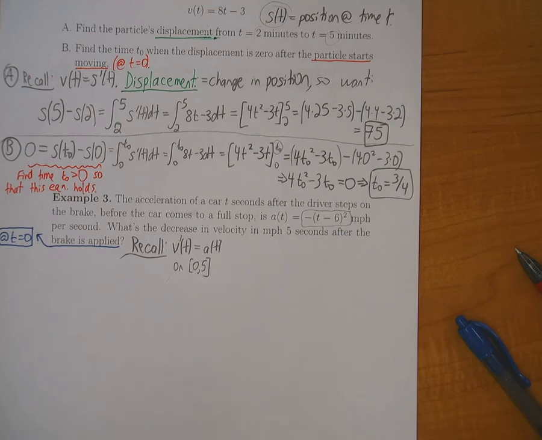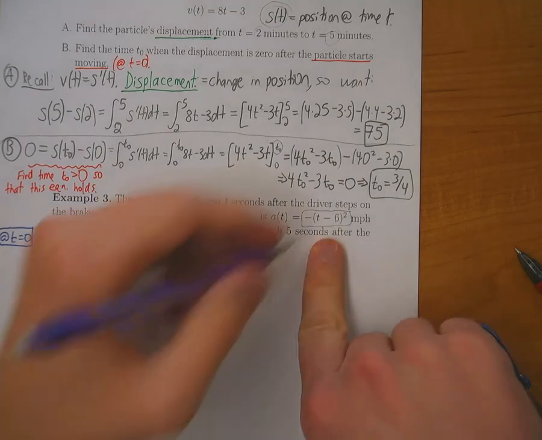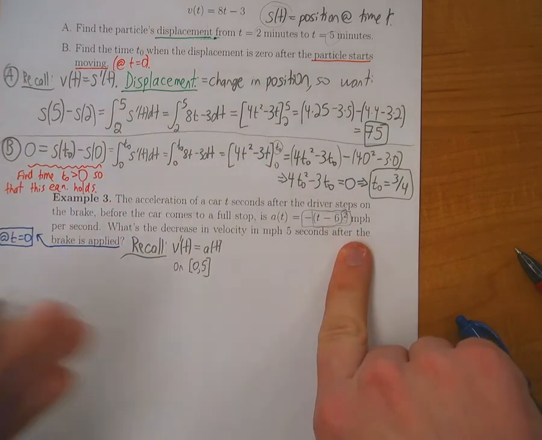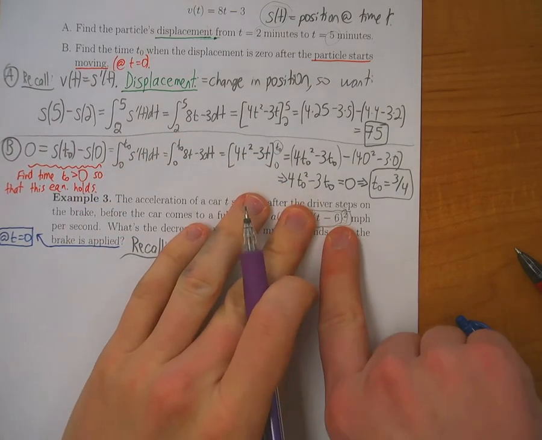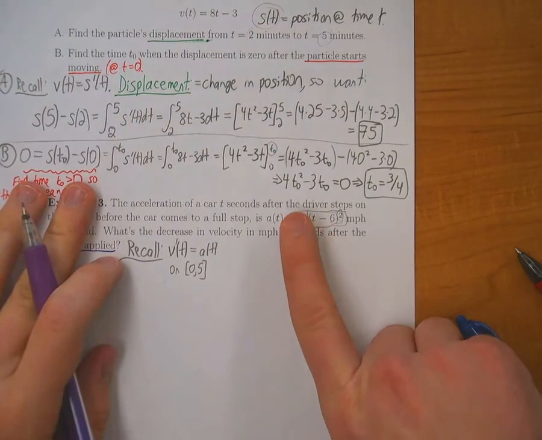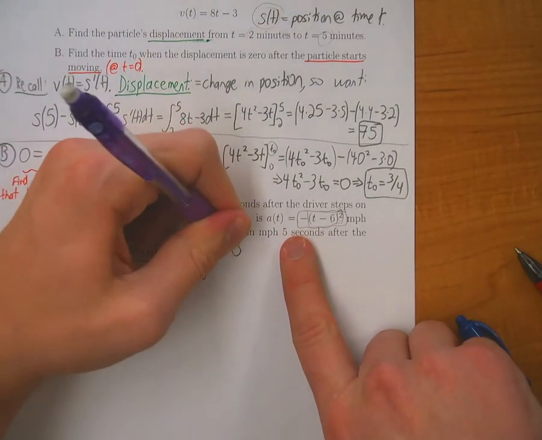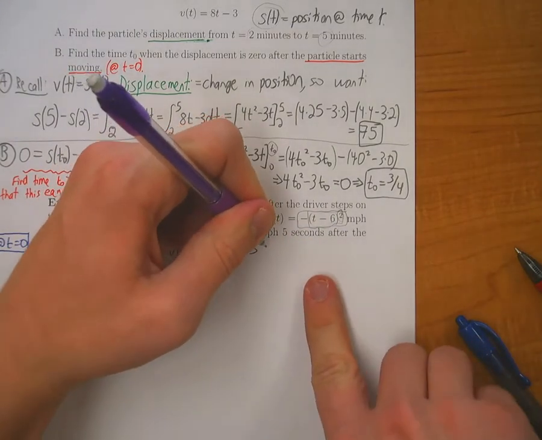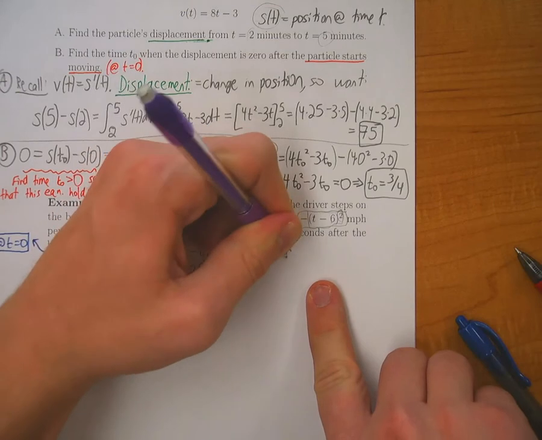Yeah, it's going to be completely negative, right? Because we have this t minus 6 quantity squared, so the squared part gives us positive, but because of the negative, it's going to be negative here. So that tells us that v of t is going to decrease.